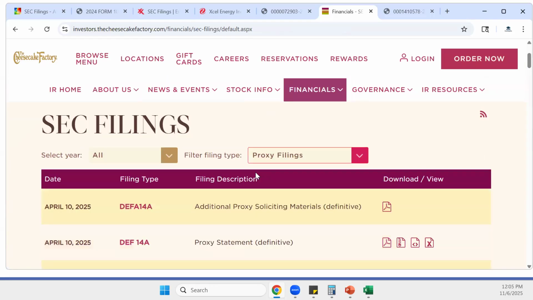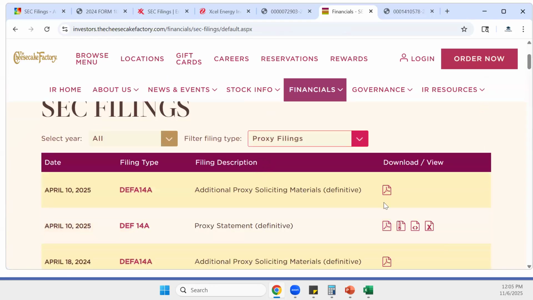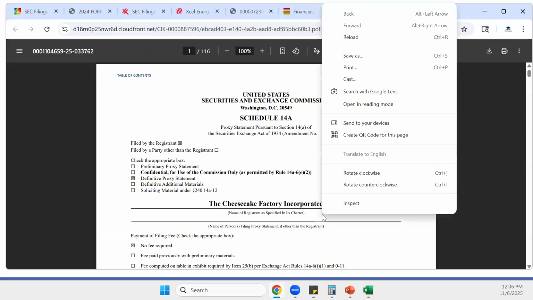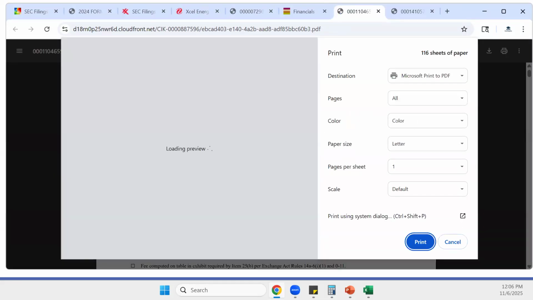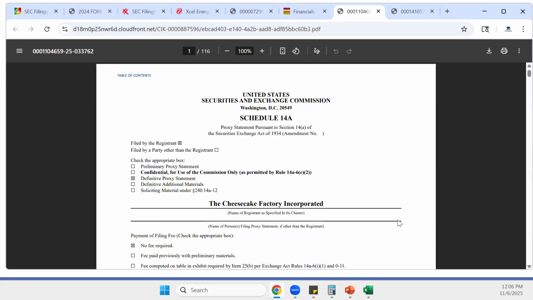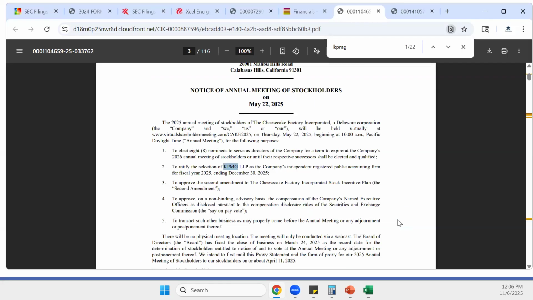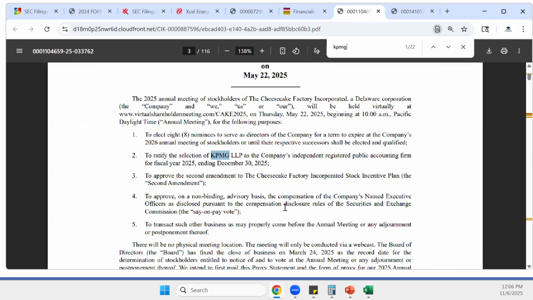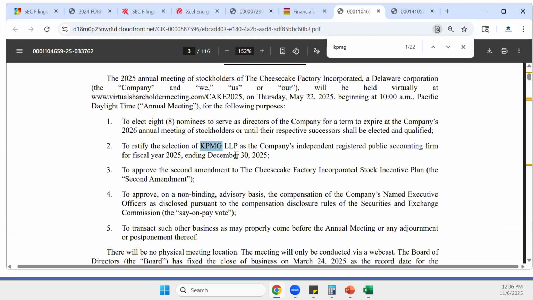If we go to proxy filings, so like this is all the things that the shareholders are voting on in the current year. So they're voting, do we elect the 8 people to the board? Do we ratify KPMG as the auditor?